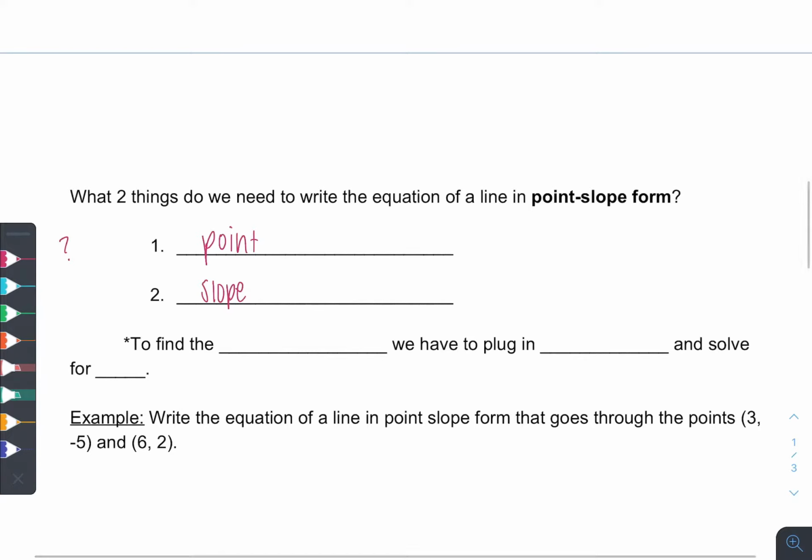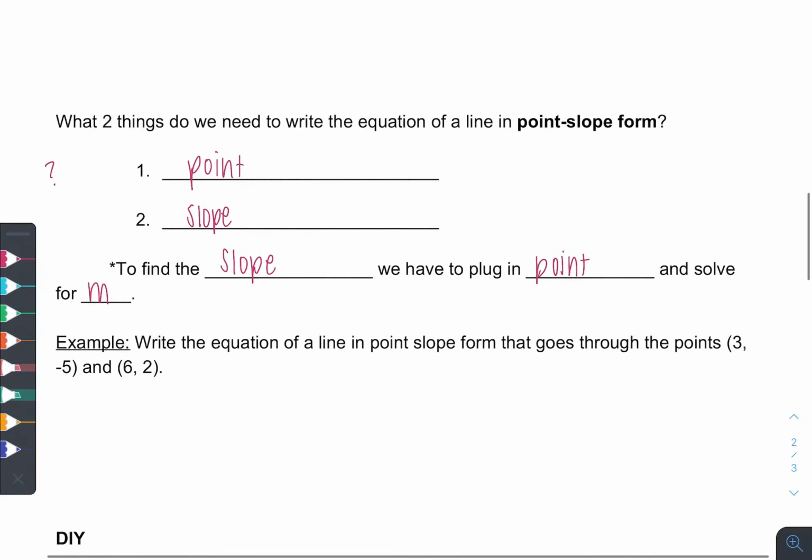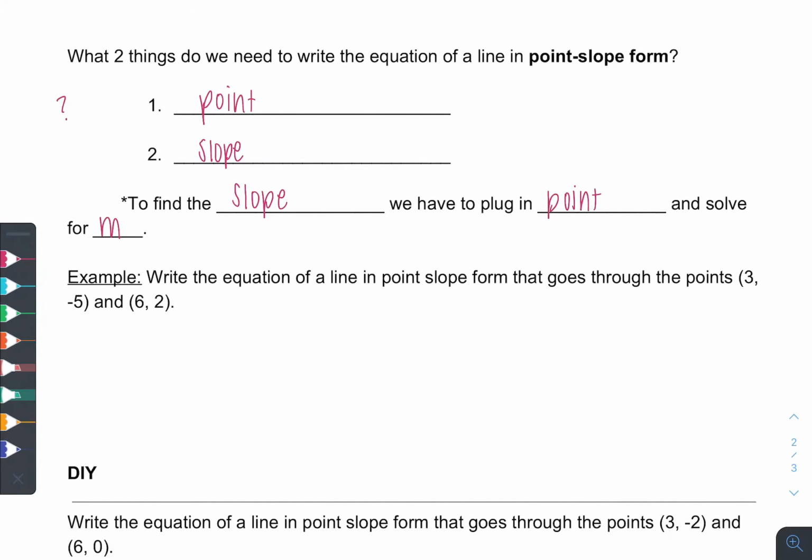Okay, so to find the slope, we have to plug in our points and solve for m. So we can plug in 2 points and solve for m. So we're going to write the equation of a line in point slope form going through the points 3, negative 5, and 6, 2.